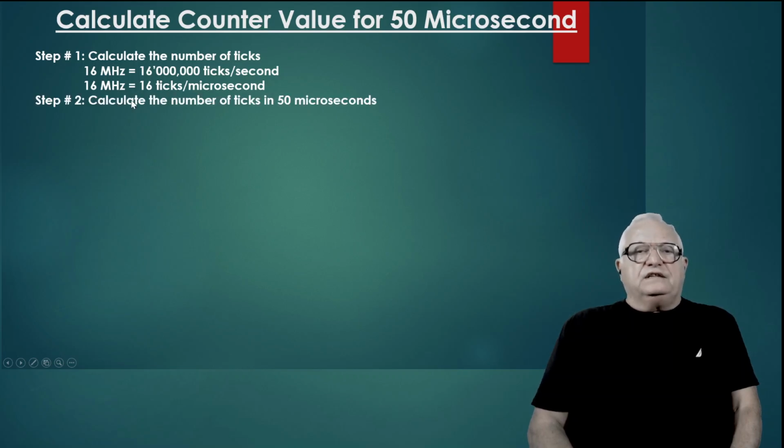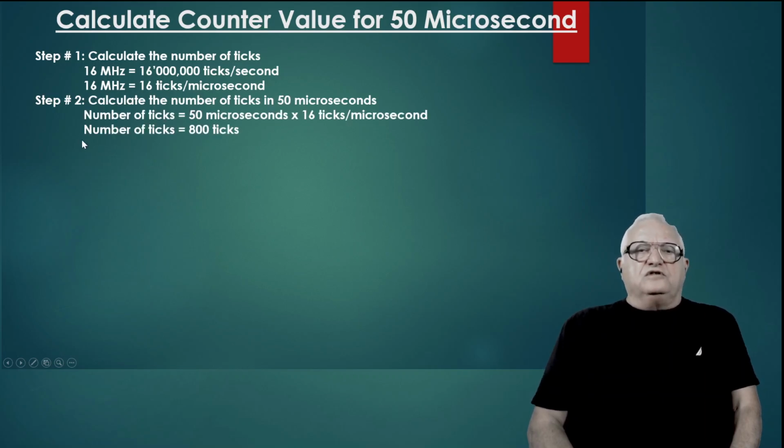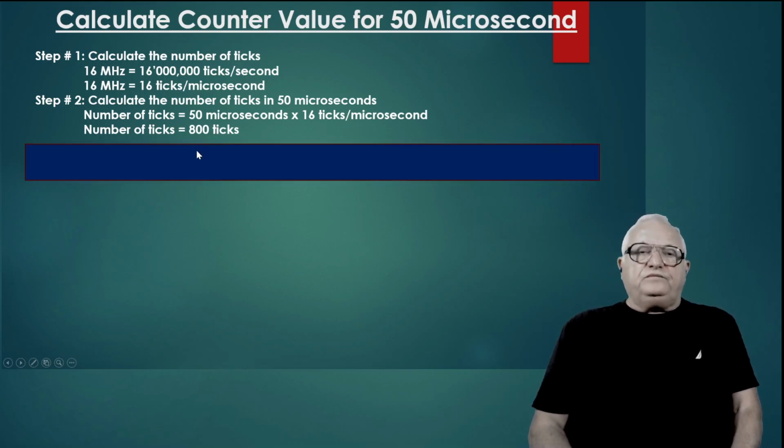Let's calculate how many ticks for 50 microseconds. So what we need to do is multiply 50 microseconds by 16 ticks per microsecond, and that gives us a total of 800 ticks. So if we need to do anything every 50 microseconds, we need to do it every 800 ticks.